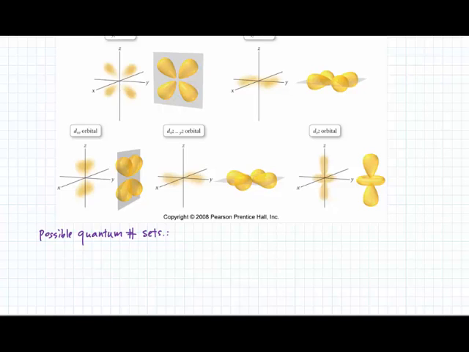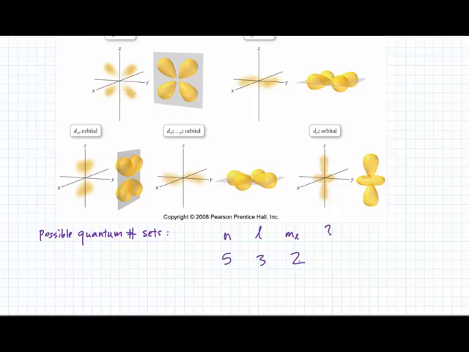Because there are certain sets of quantum numbers that are impossible. Okay, so let's make a little table here: n, l, and ml. Question. Let's say 5, 3, and 2. Is that valid? And if so, what would we call it?